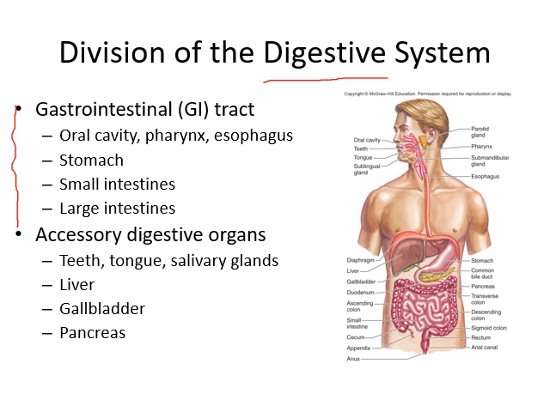The organs that are not part of the tract but aid the gastrointestinal tract in getting proper digestion and absorption are the accessory digestive organs. We have teeth, tongue, salivary glands. Those are going to physically break down the food.